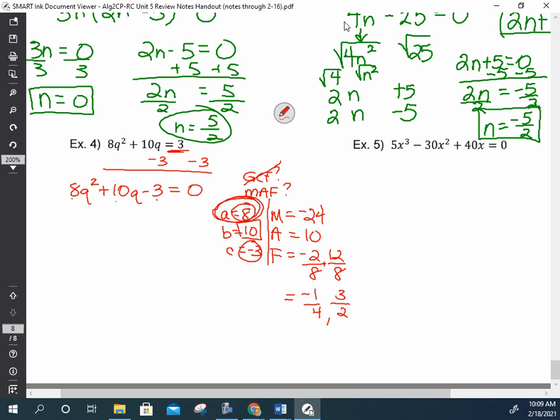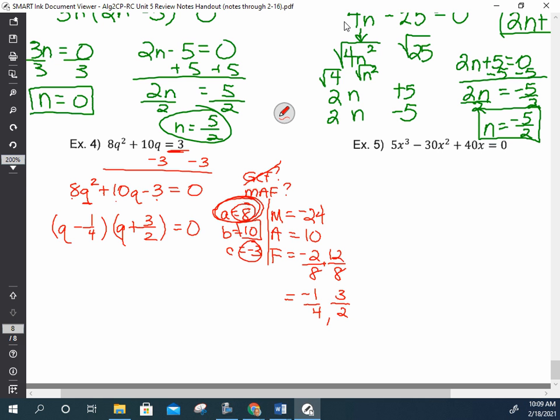If you have questions, make sure you speak them. Time to put them in parentheses. So q squared is q times q, minus 1/4 and plus 3/2.